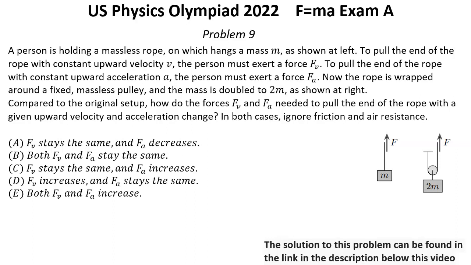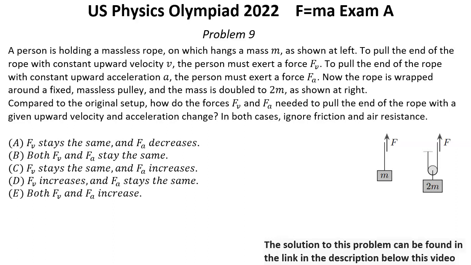Compared to the original setup, how do the forces Fv and Fa needed to pull the end of the rope with a given upward velocity and acceleration change? In both cases, ignore friction and air resistance. Solution for problem number 9.